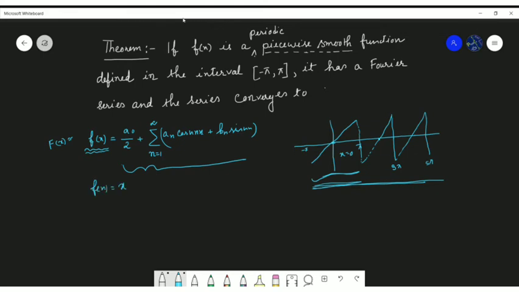Suppose f(x) equal to x, after periodic extension also it will be f(x) equal to x, as f(x) plus 2 pi is equal to f(x). That is the condition of periodicity. Okay, so now this f(x) is representing the function after periodic extension also. I hope it is clear to you.